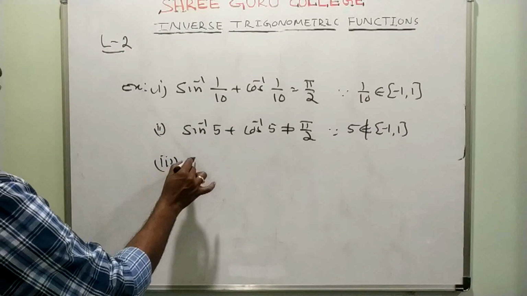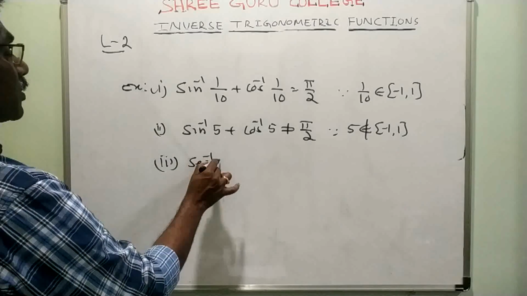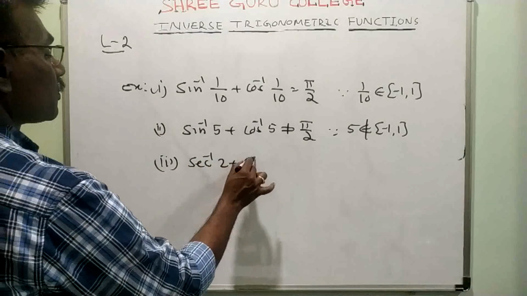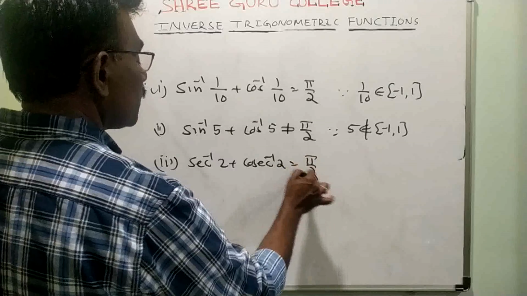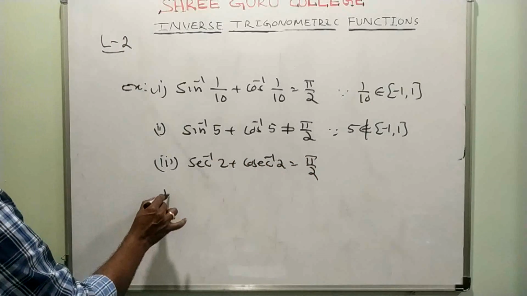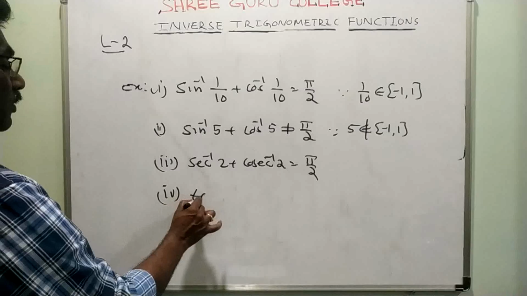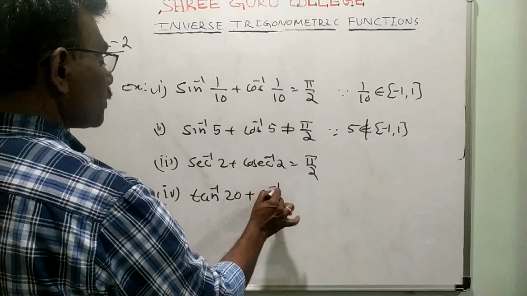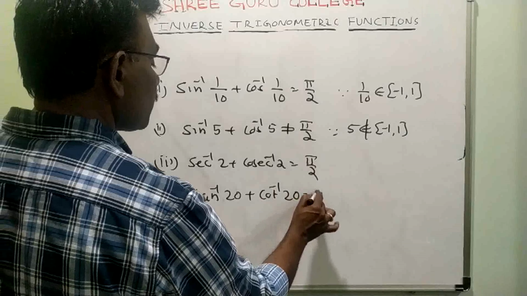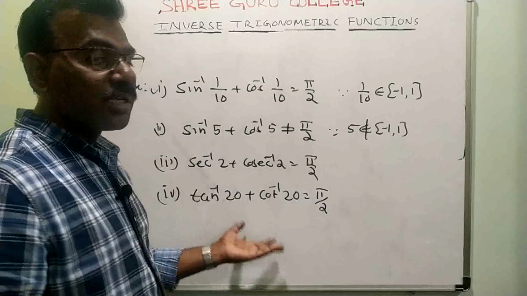Number 3, secant inverse of 2 plus cosec inverse of 2 is pi by 2, because 2 is greater than 1. Number 4, tan inverse of 20 plus cot inverse of 20 is equal to pi by 2, because 20 is any real number.